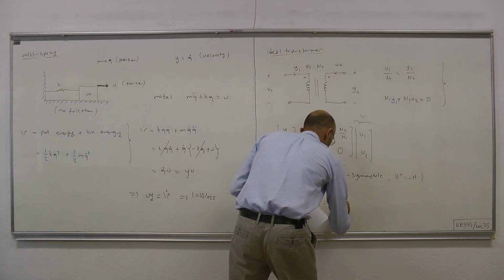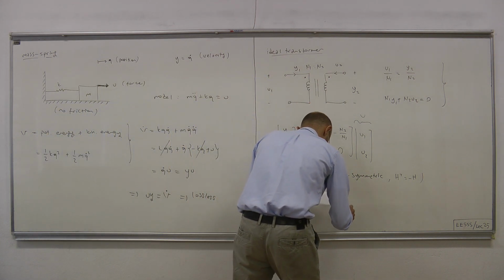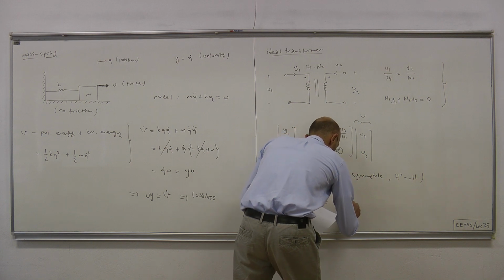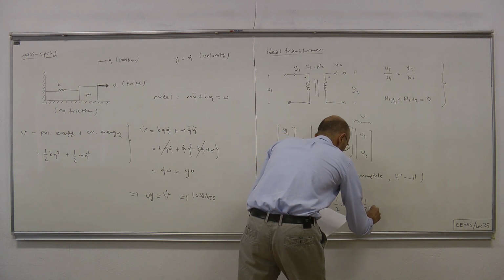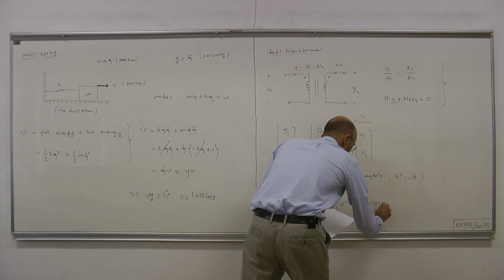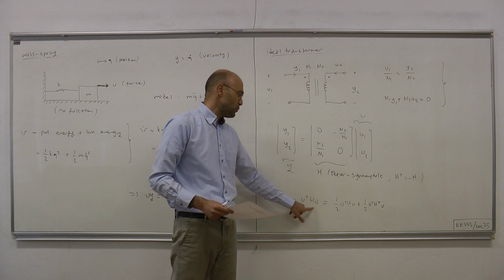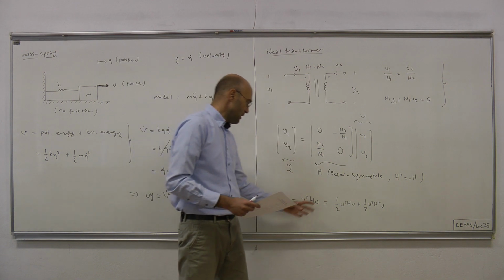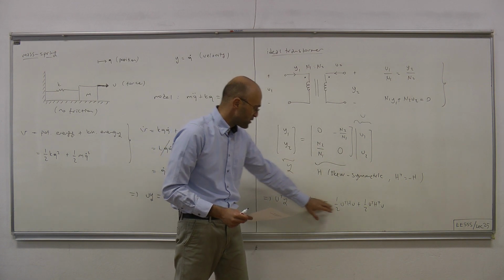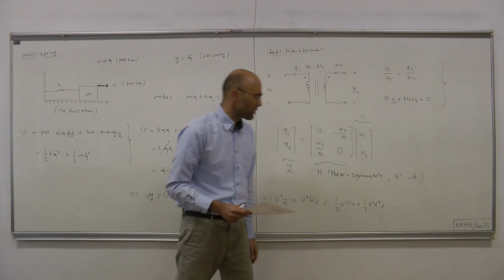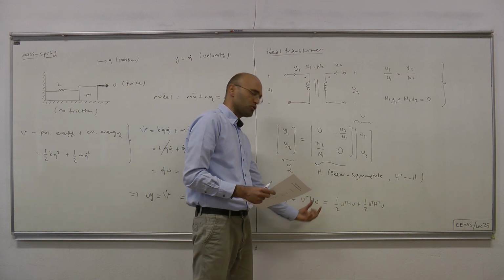But here's another way to see that it's 0. It equals 1/2 U transpose H U plus 1/2 U transpose H transpose U. Since it's a scalar, we can just take its transpose. If you take its transpose, you have U transpose H transpose U, and those two things are equal.